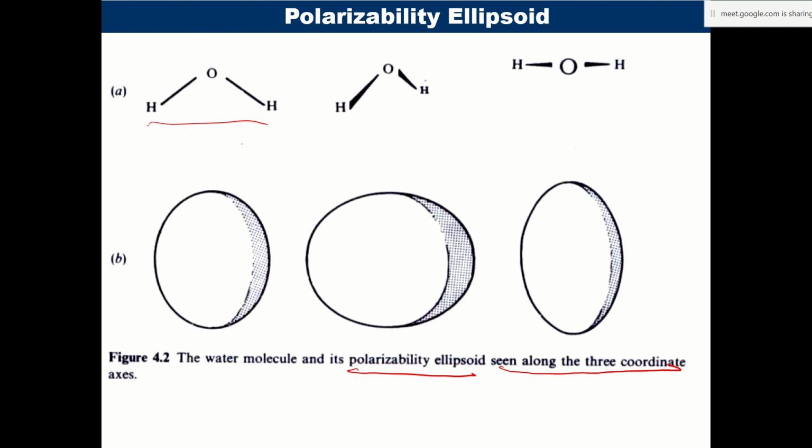Then the polarizability ellipsoid is most polarizable along this direction. So higher polarizability, the ellipsoid has, because it is 1 by under root alpha, a smaller axis.